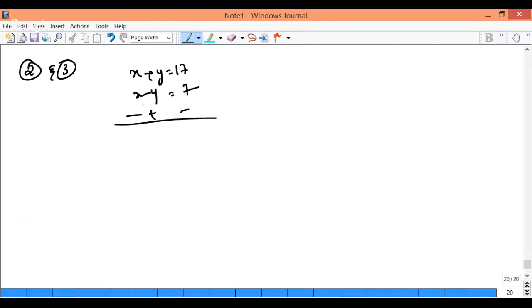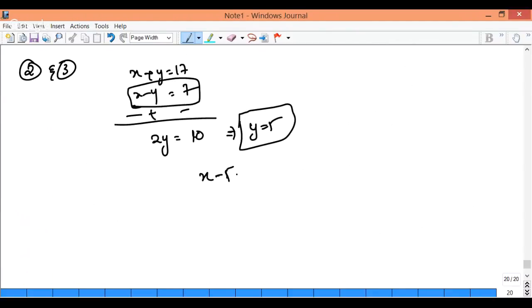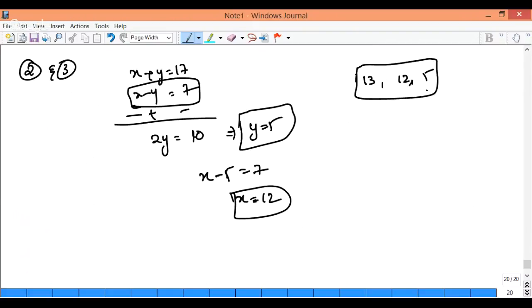Subtract: 2y is equal to 10, y is equal to 5. And what will be our x value? Substituting in x minus y is equal to 7, x minus 5 is equal to 7, so x will be equal to 12. When you observe here, it is a Pythagorean triplet: 13, 12, 5.